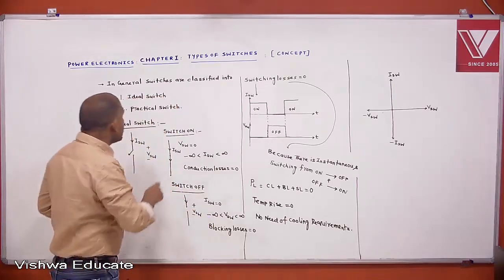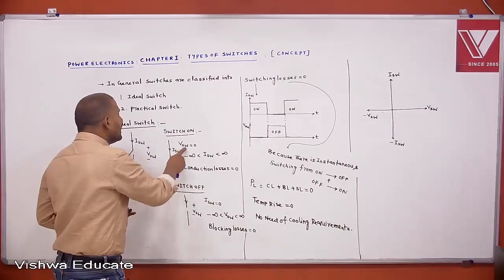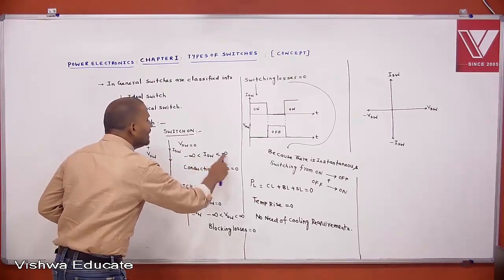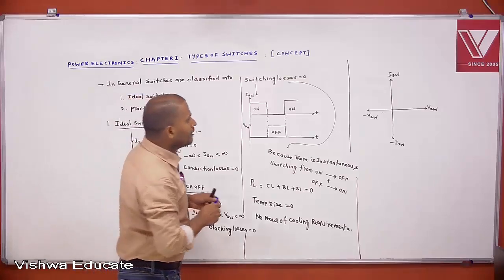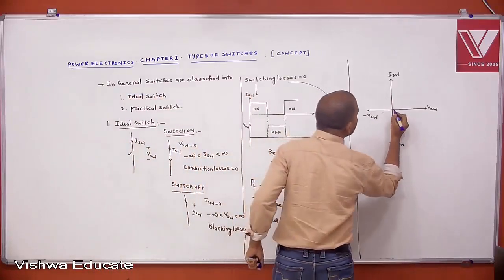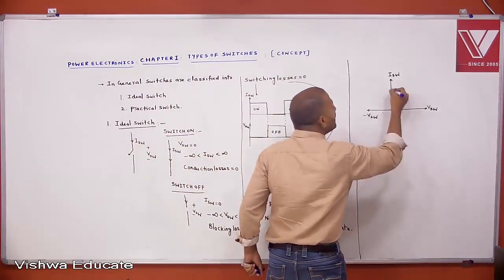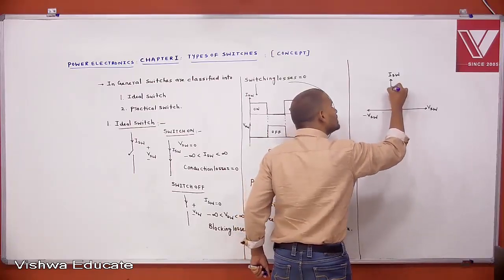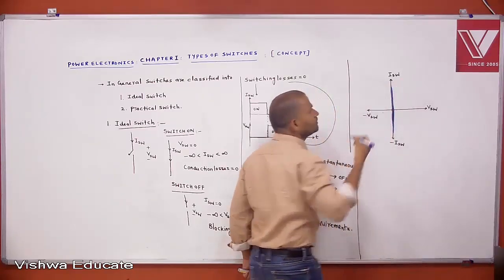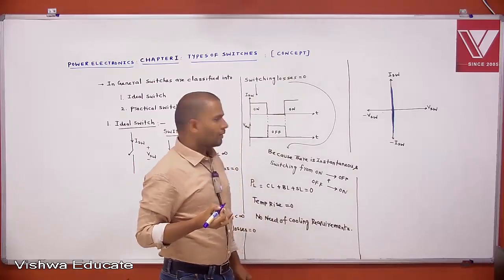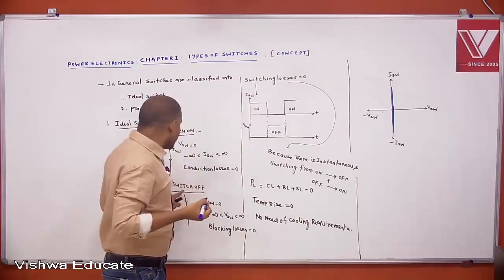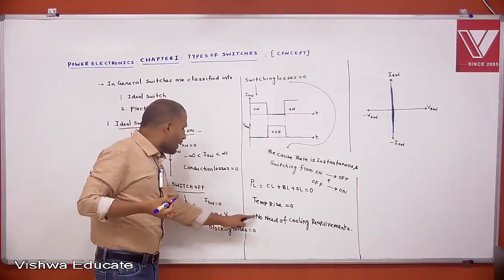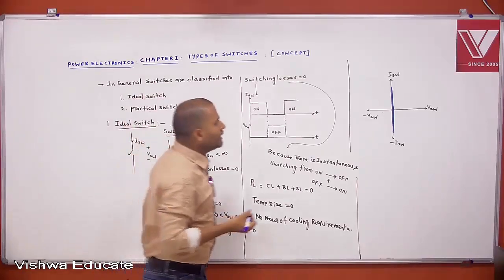Now tell me, if the switch on condition voltage is 0, it allows any current from minus infinity to plus infinity. If the switch is off state, current is 0, it blocks any voltage from minus infinity to plus infinity.